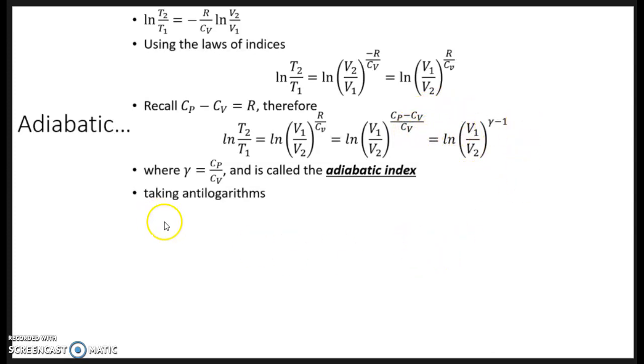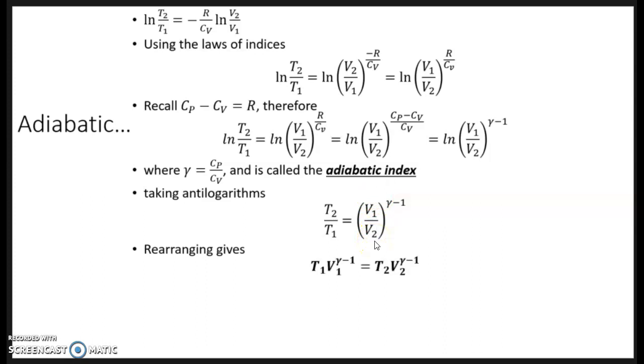Taking antilogarithms, we have that T2 over T1 is V1 over V2 raised to gamma minus 1. So in an adiabatic process, going from stage 1 to stage 2, T1 V1 raised to power gamma minus 1 equals T2 V2 raised to power gamma minus 1.